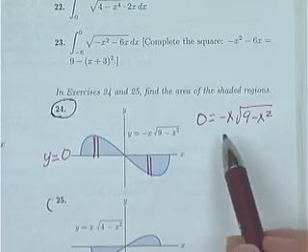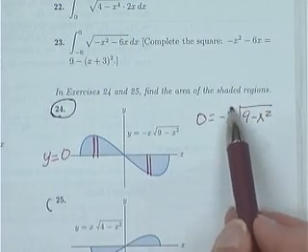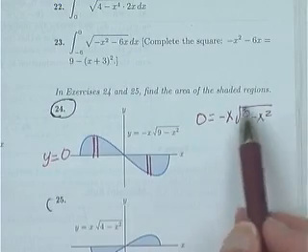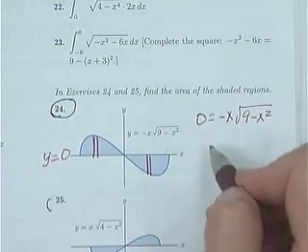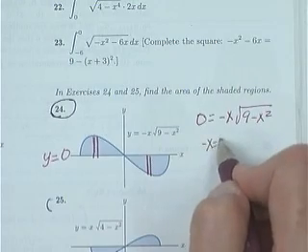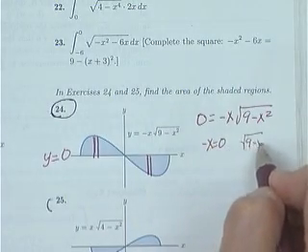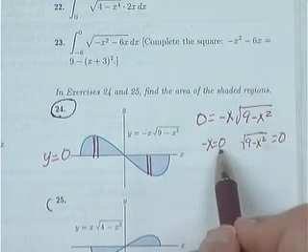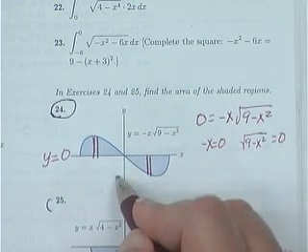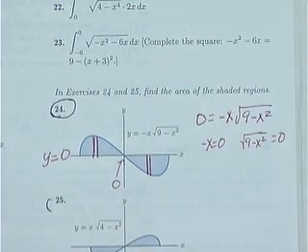So this is already factored for me. I have two factors multiplied together, the negative x times the square root of 9 minus x squared, where this is set equal to 0. So minus x equals 0, or the square root of 9 minus x squared equals 0. Well, minus x equals 0 means x is 0, and that's that place right there. Right, that's where x is 0.